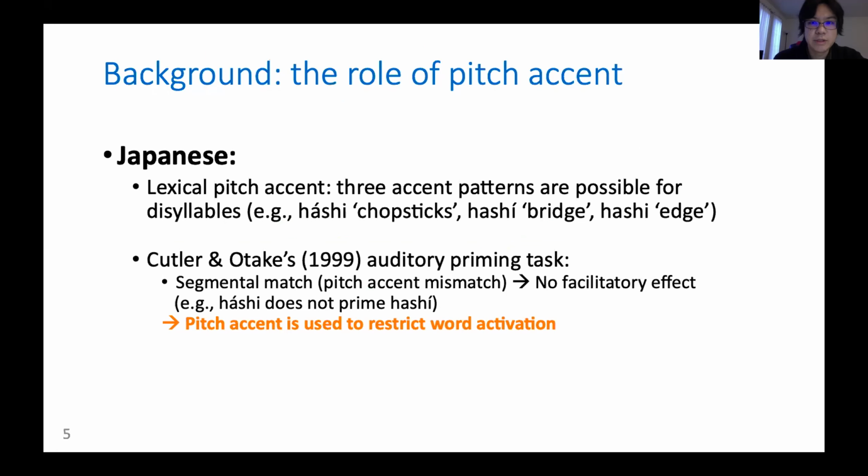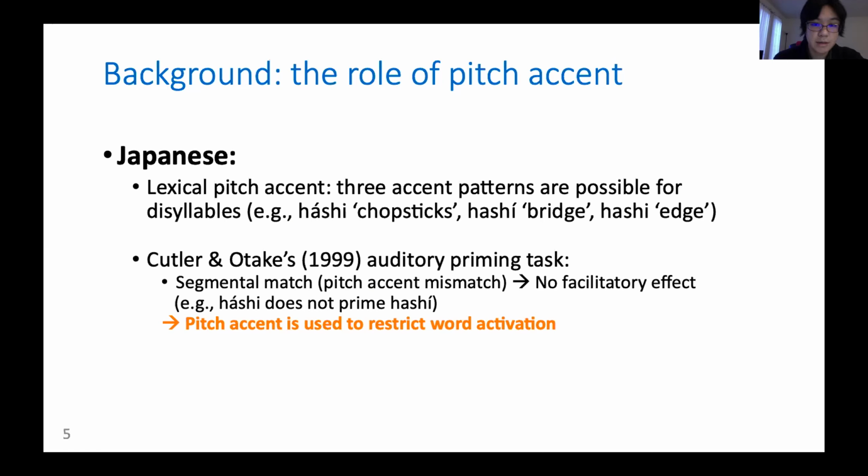Finally, the role of pitch accent has been relatively understudied, and we can now look at one study about Japanese. Japanese is a lexical pitch accent language with 3 accent patterns possible for disyllables, such as initially accented hashi, finally accented hashi, and unaccented hashi.